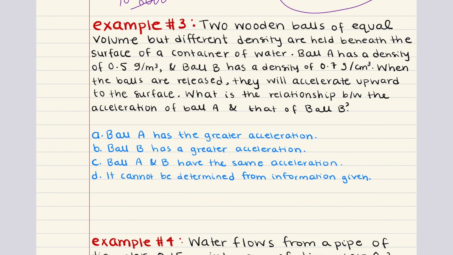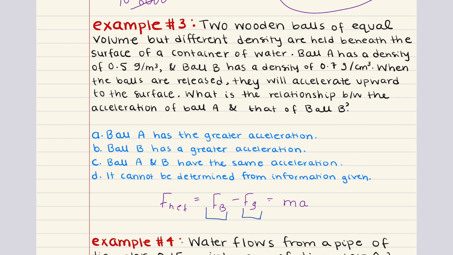Now, the net force on each ball is going to be the difference between the buoyant force and the gravitational force. And so we can write that the net force is equal to F buoyant minus F gravitational, and that's equal to mass multiplied by acceleration using Newton's second law. Here, we can expand on both of these terms.